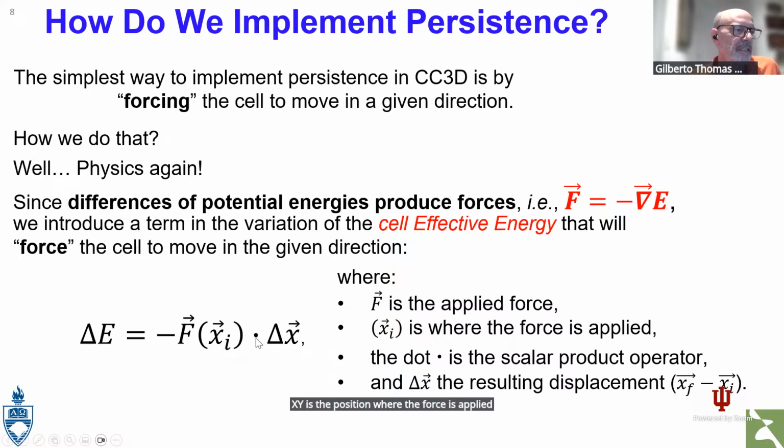This dot here represents the scalar product between two vectors, the force and the delta X, which is the cell displacement.